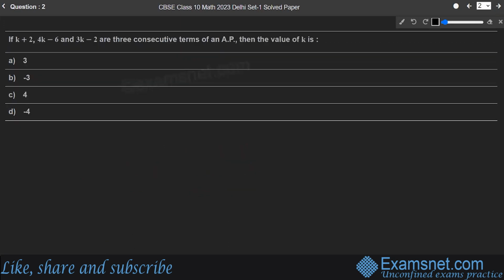Now, what are we supposed to do? If k plus 2, 4k minus 6 and 3k minus 2 are three consecutive terms of an AP, then the value of k is. So if there are three consecutive terms of an AP, then the difference should be common. That is, the difference between the second and first term should be equal to the difference of the third and second term. So let us do the difference of the second and first term, that is this, which should be equal to the difference of the third and the second term, that is 3k minus 2 minus (4k minus 6).